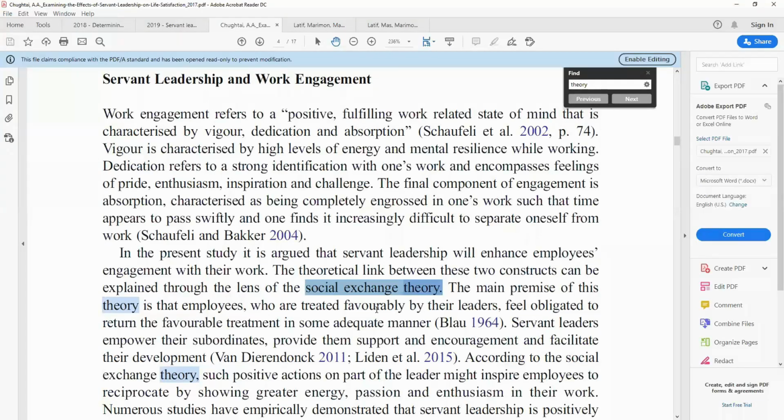It's not enough to just write that this is the theory you are going to use to explain the relationship. It's extremely important that you mention what this theory is and how it will help in explaining the relationship between these two variables. Failure to do so won't help your research.